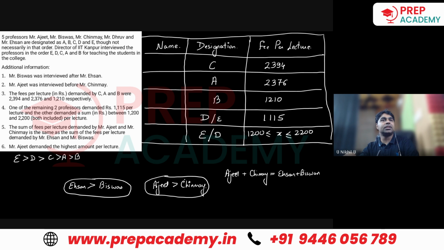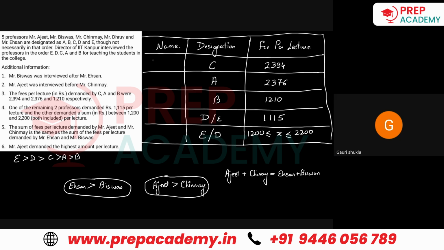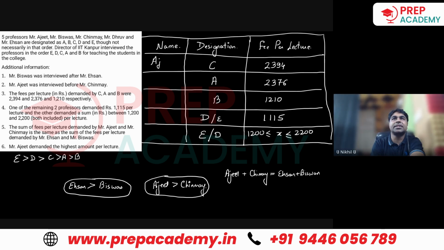Mr. Ajit demanded the highest amount per lecture. Even if the other person's demand is the maximum possible, 2200, 2394 is still the highest fee demanded per lecture. So that is supposed to be by Mr. Ajit only. That means Ajit has been designated C.